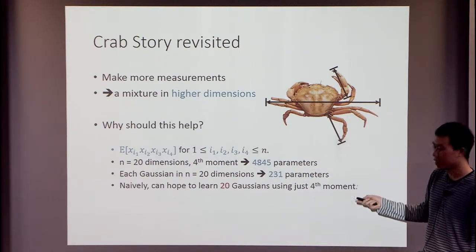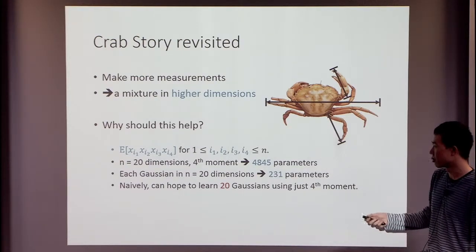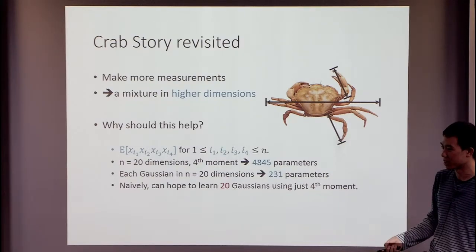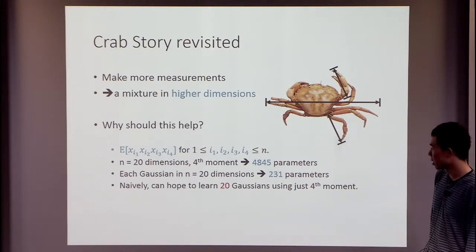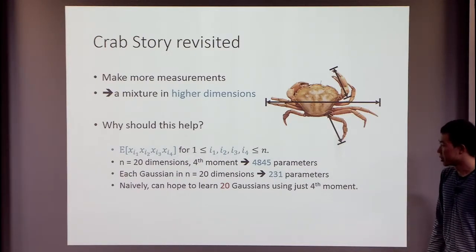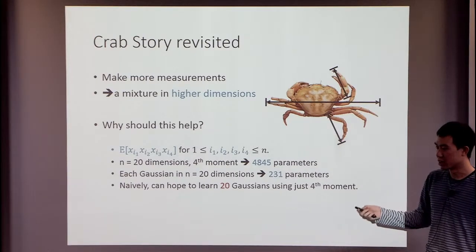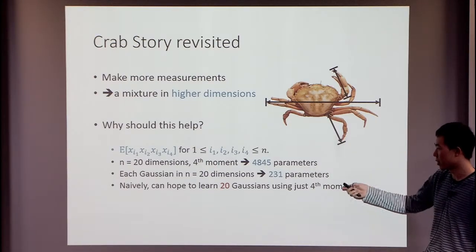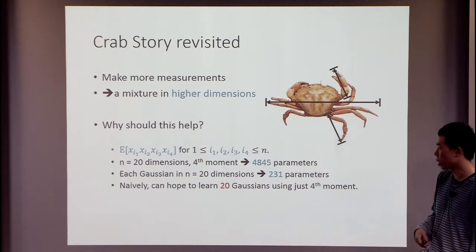So when we have, say, 20 dimensions, the fourth moment tensor has more than 4,000 distinct parameters. It's really 23 choose 4. But on the other hand, in 20 dimensions, every Gaussian component will have only 231 parameters.